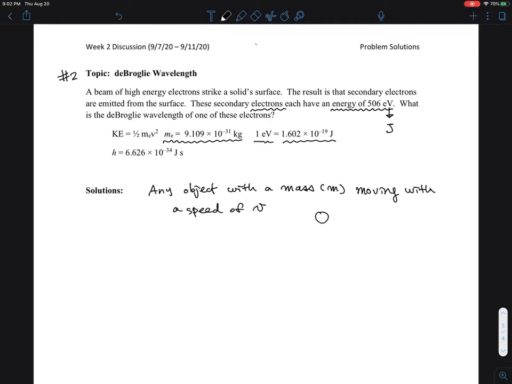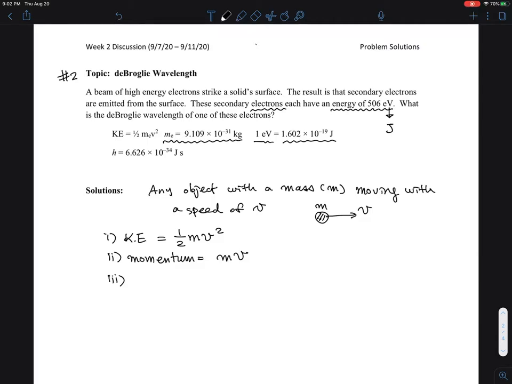Let's say this is a small mass, such as an electron, moving at an average speed of v. We talked about before the kinetic energy, which is one half mv squared, and the momentum, which is mv. These are the quantities from Newton's laws, classical mechanics.